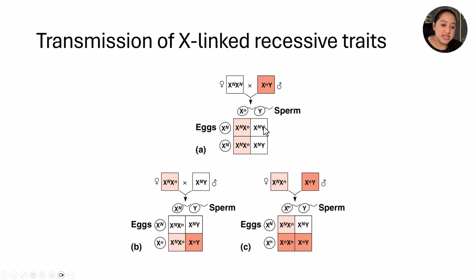And then in this generation, the males are going to be phenotypically normal, not colorblind, for example, because they inherited this X chromosome from the mom.